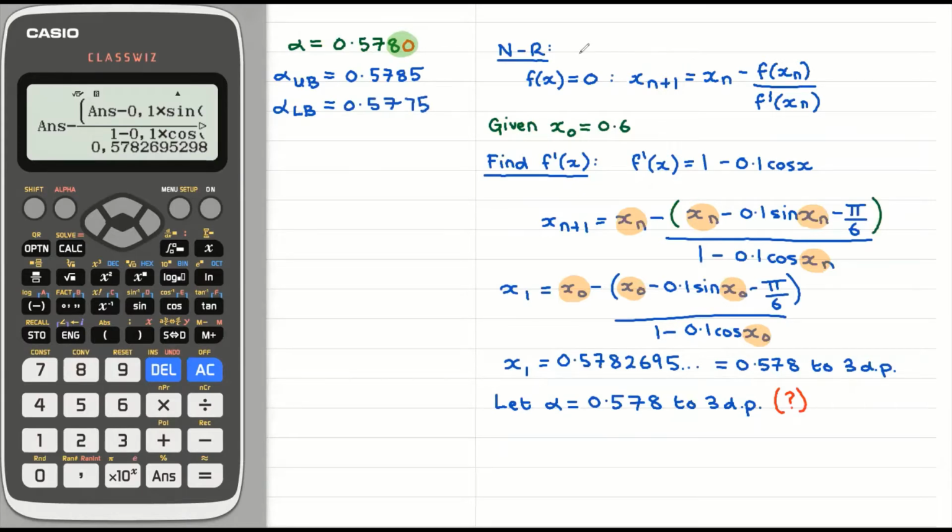So those 2 bits on the end, the last 2 decimal places, the 3rd and 4th, are the bits that have changed. And we now sub those into our f of x equation. Now, it's not the iterative equation. This is the equation that we derived in part A. So we know that f of x was equal to x subtract 0.1 sine x subtract pi over 6.